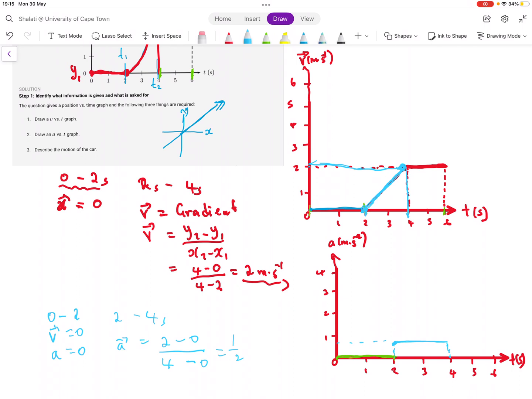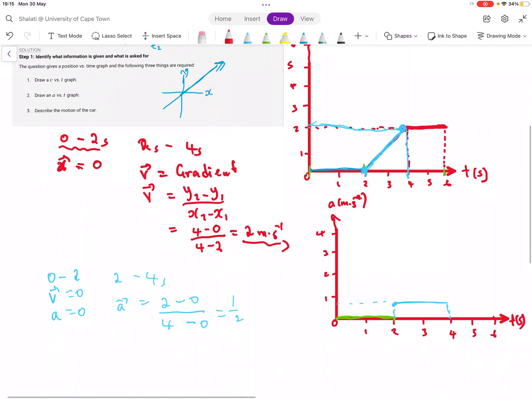Okay, then let's see what's going to happen from 4 seconds to 6 seconds. We must calculate the gradient in order to find acceleration. So our y2 here, which is here, right? So this is our first point, y1, then our y2 will be here. First point, x1, and x2 will be here.